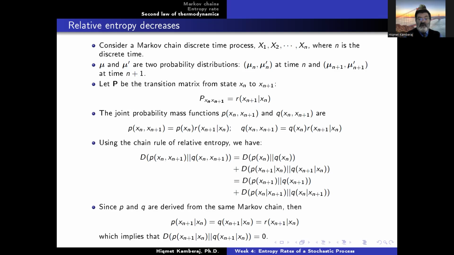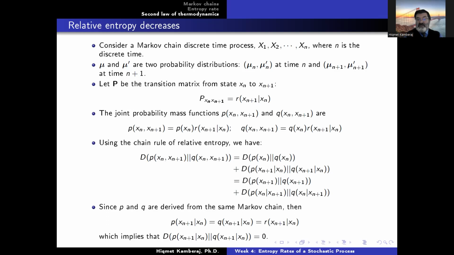Using the chain rule of the relative entropy, which we have shown before, the relative entropy of the joint probability mass functions, P from Q, is equal to the relative entropy of the marginal probability distributions, P from Q, plus the relative entropy of the conditional probabilities, P of xn plus 1 given xn from Q of xn plus 1 given xn.